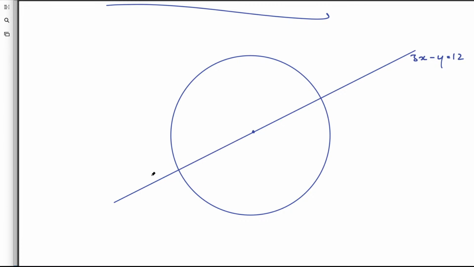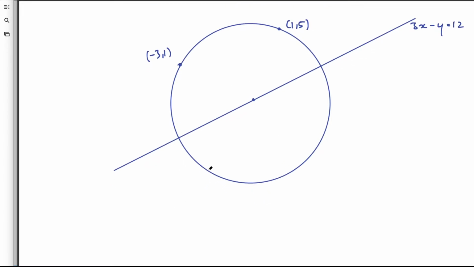So it goes through the points -3, 1, let's just say it's here, and 1, 5. And the center is on that line.